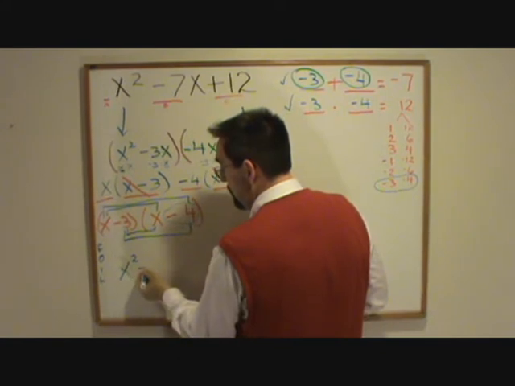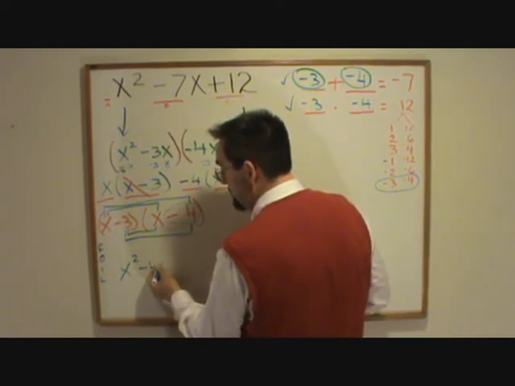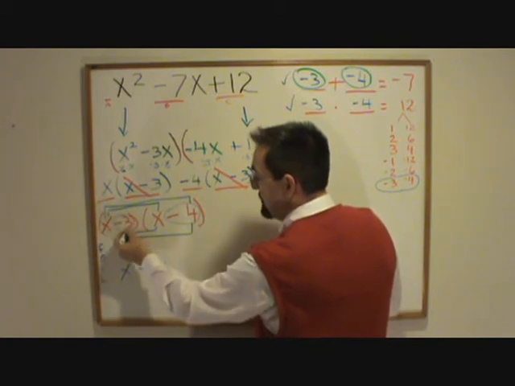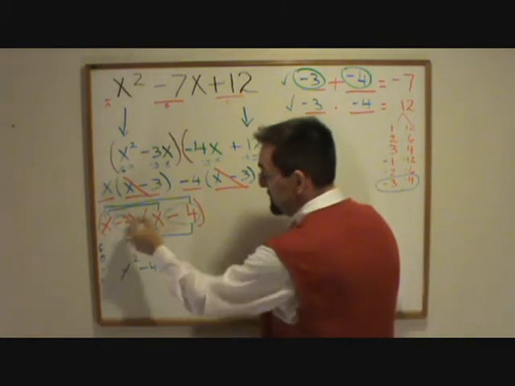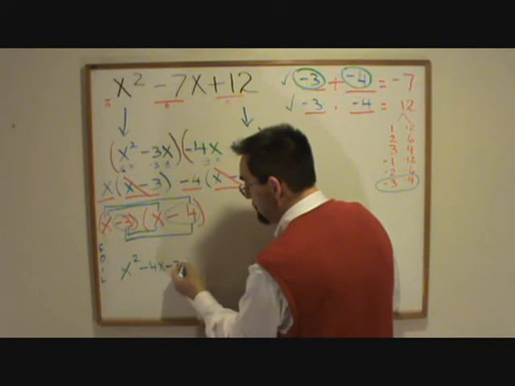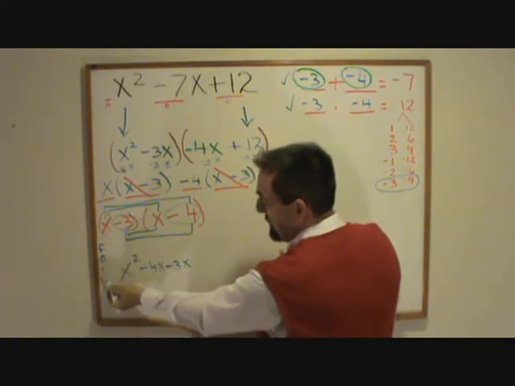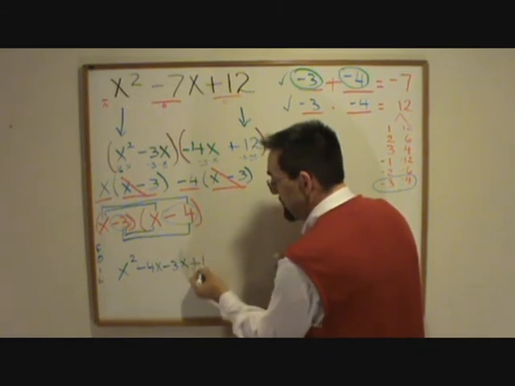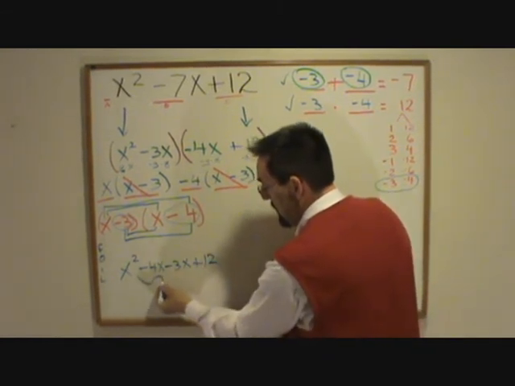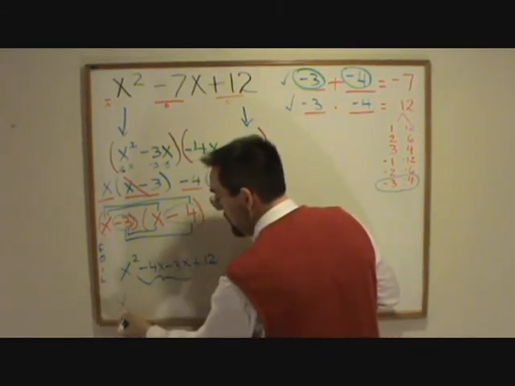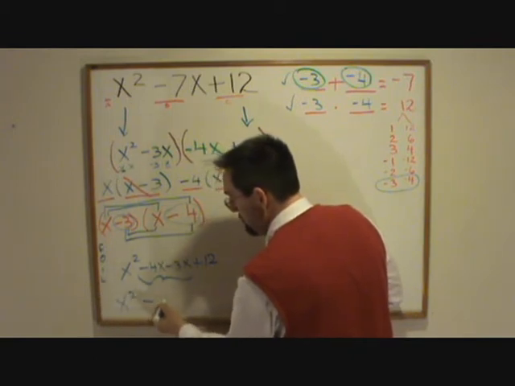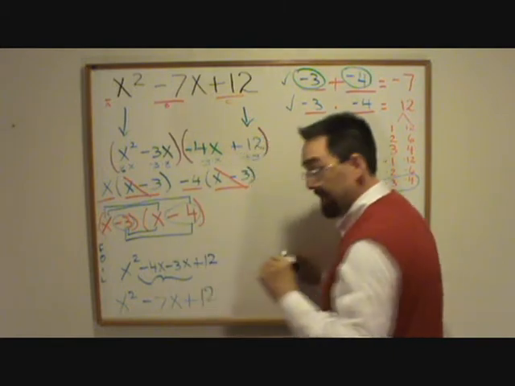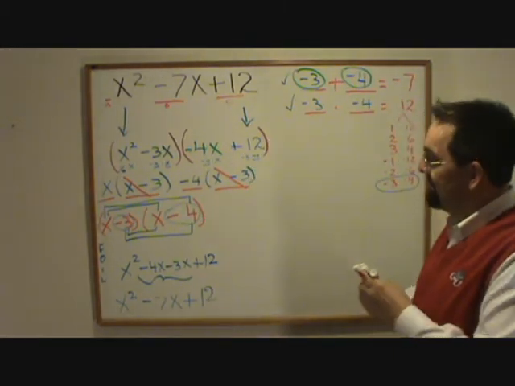X times minus 4 gives me minus 4x. I, inside. Inside, don't forget the minus. Minus 3 times x, minus 3x. And the last, minus 3 times a minus 4 gives me a positive 12. Add the like terms. X squared minus 7x plus 12. It checks. Cool.